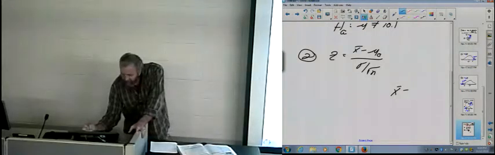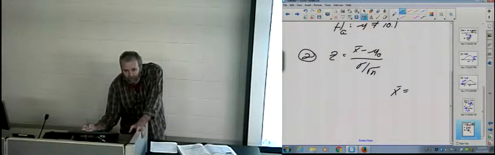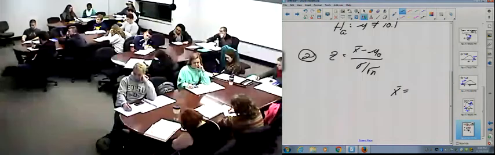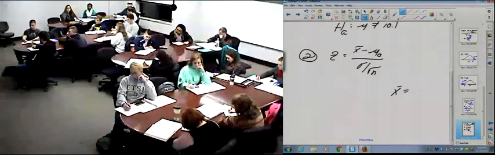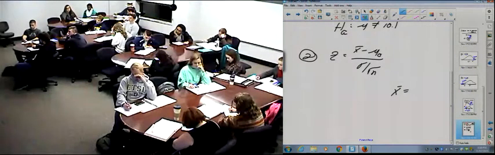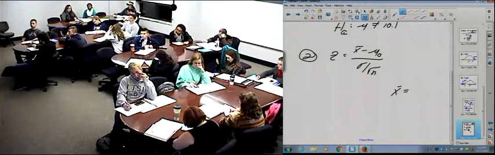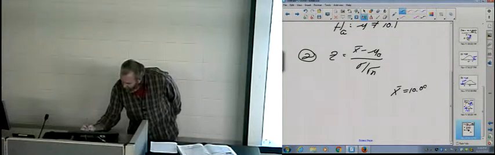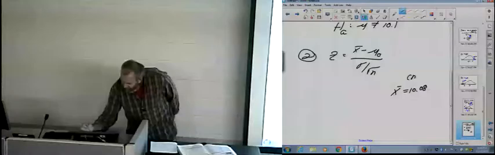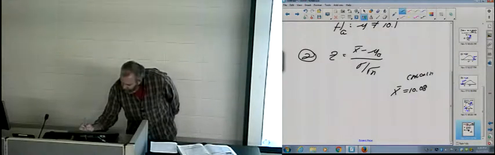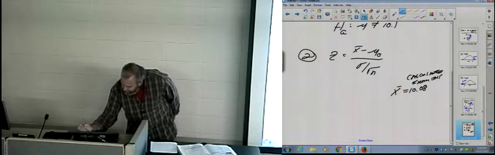X bar turns out to be, Marcus? I mean, I can make a guess at this. 10.08. This was calculated, don't freak out, they didn't give it to us, from the data.